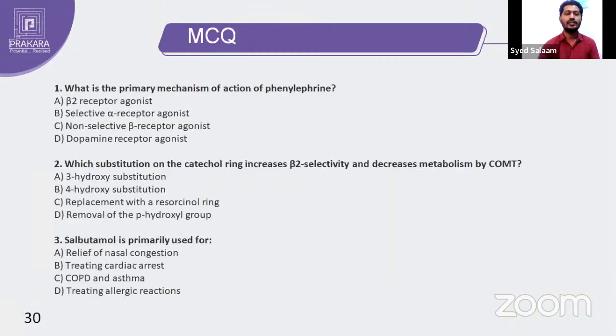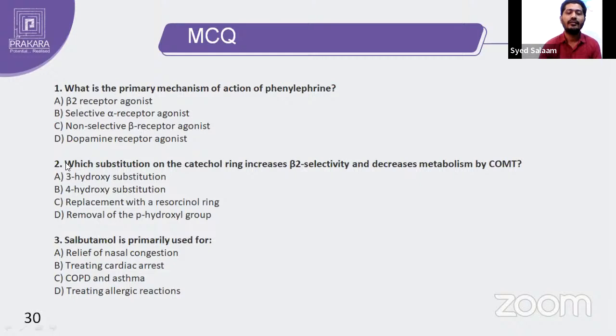So let us go towards the quiz for today, based on what we have discussed till now in this session. What is the primary mechanism of action of phenylephrine? Beta 2 receptor agonist, selective alpha receptor agonist, non-selective beta receptor agonist, or dopamine receptor agonist.